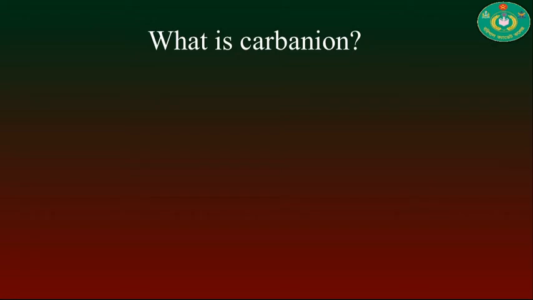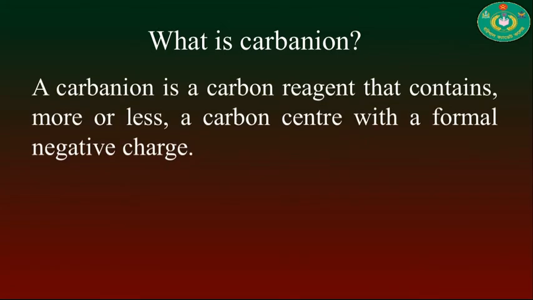So we will discuss the next topic, which is carbanion. So boys, do you know what is carbanion? A carbanion is a carbon atom which contains a negative charge, whereas a carbocation contains a positive charge. As the carbon atom contains a negative charge, the carbanion is an octet-filled chemical species.